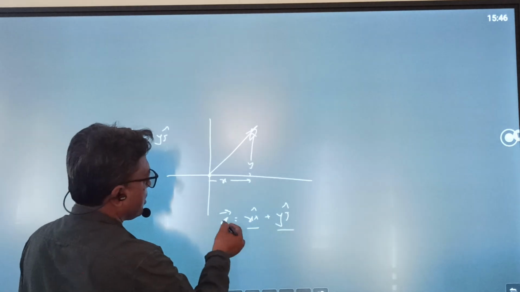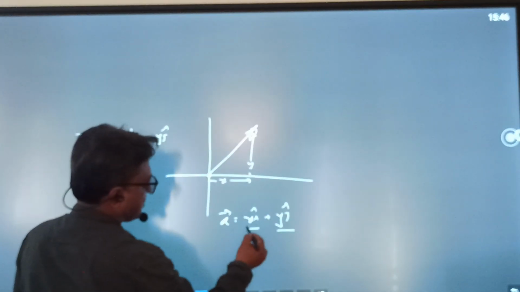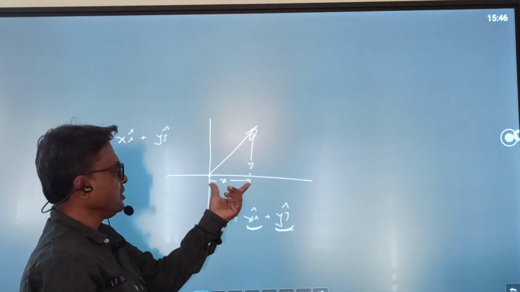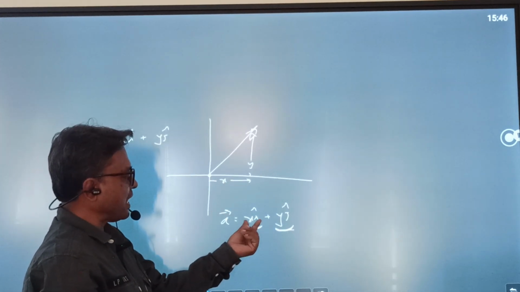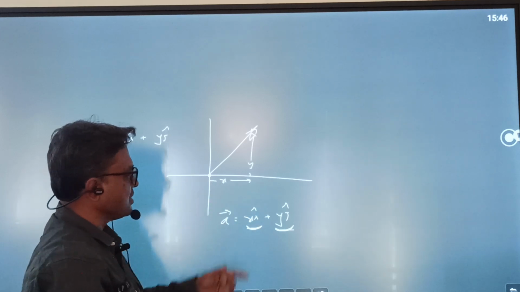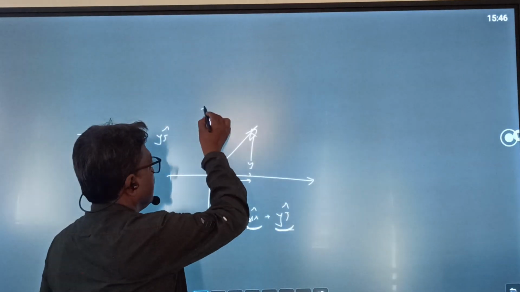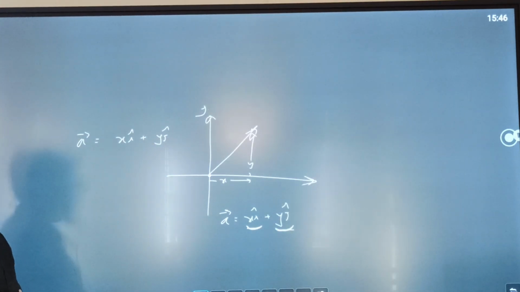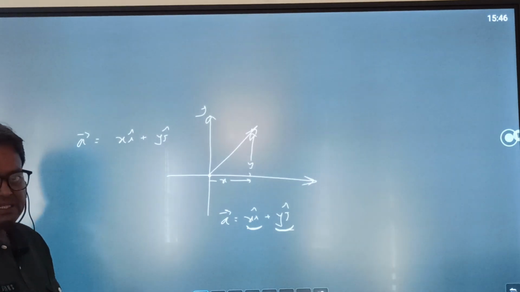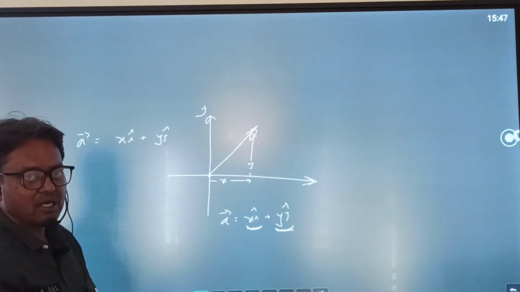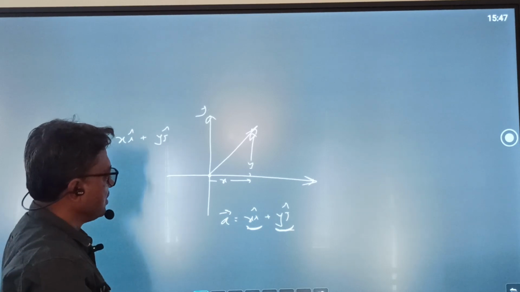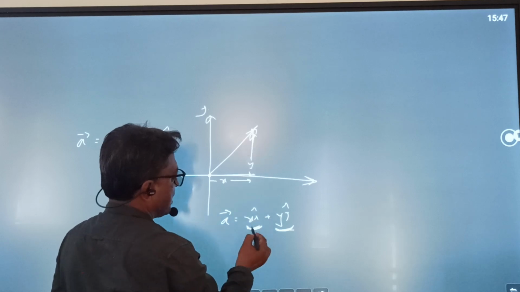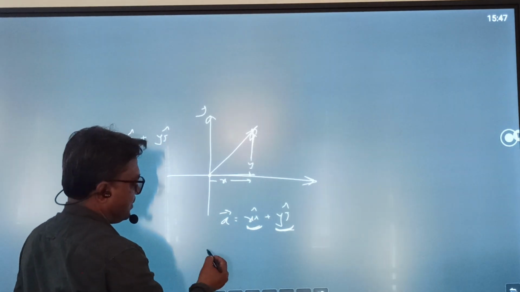They are also called rectangular components of vector A. This vector xi, its magnitude is x, and when we multiply it by i cap, it becomes a vector whose direction is along positive x. If I multiply any quantity with a unit vector, the direction of that quantity becomes parallel to the direction of the unit vector, right? So xi and yj are perpendicular to each other, so they are also called rectangular components of vector A.